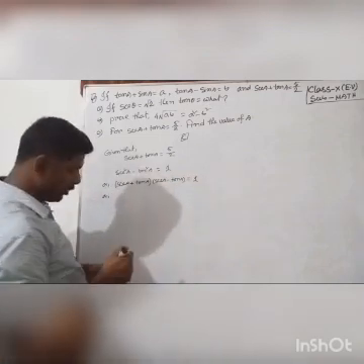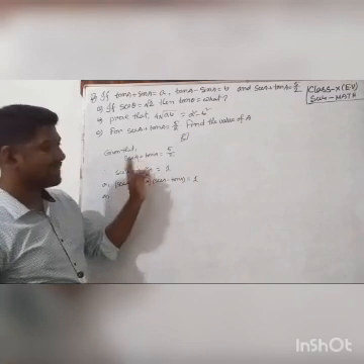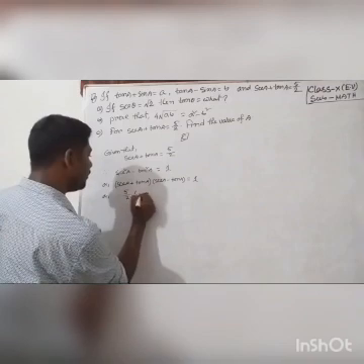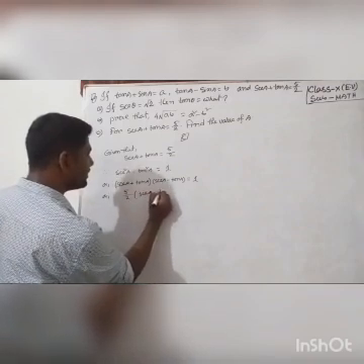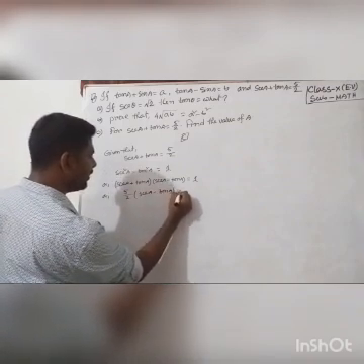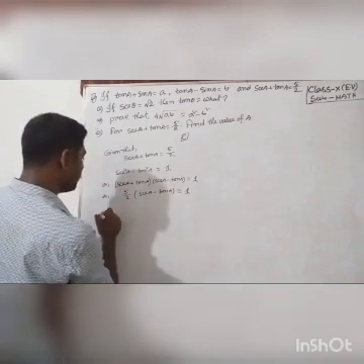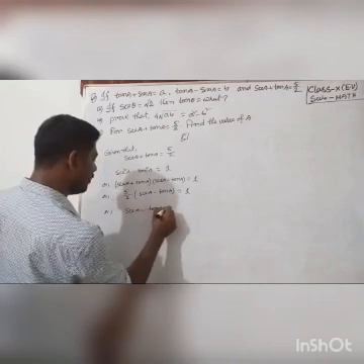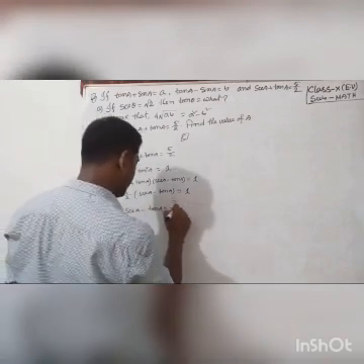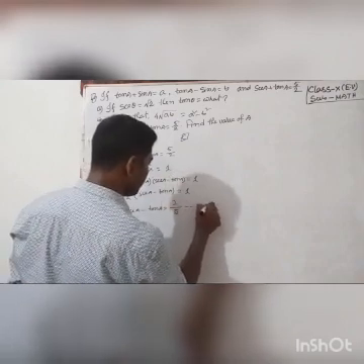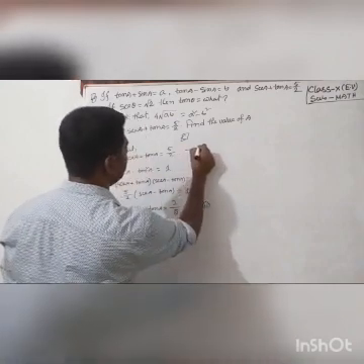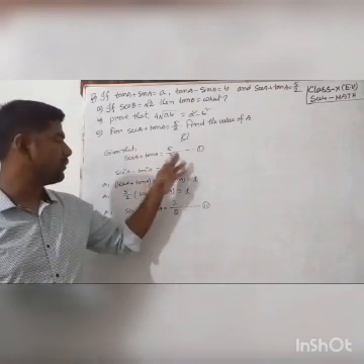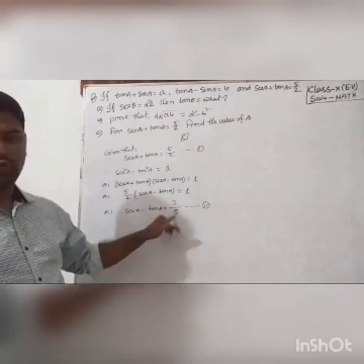Now putting the value, here sec a plus tan a equal 5 by 2, so we can write 5 by 2 into sec a minus tan a equal 1, or sec a minus tan a will be 2 by 5. Okay, we find two equations: sec a plus tan a equal 5 by 2 and sec a minus tan a equal 2 by 5.